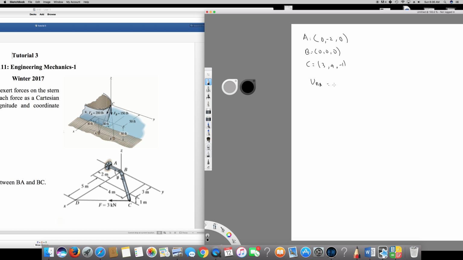So 3 squared is 9, 4 squared is 16, 16 plus 9 is 25, 25 plus 1 is going to be 26. So it's the square root of 26, so 3i plus 4j plus 1k over square root of 26.